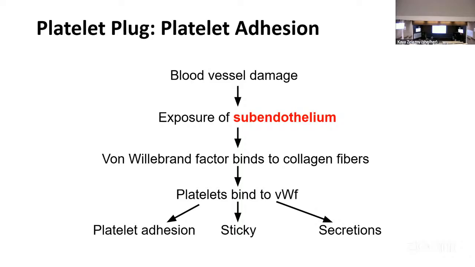The platelets are secreting all kinds of things that we'll talk about in a second. Some of those things are making the platelets sticky, and the von Willebrand factor is also making our blood vessel wall sticky, which is ultimately going to cause more and more platelets to stick to this spot and to stick to each other.